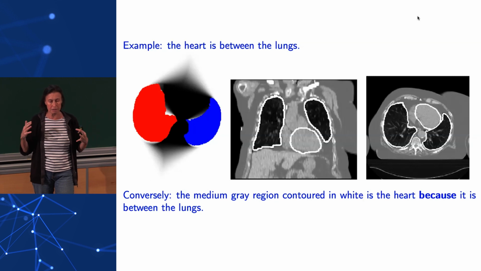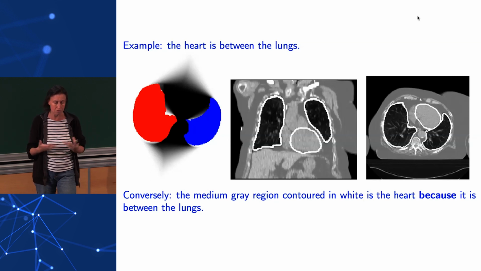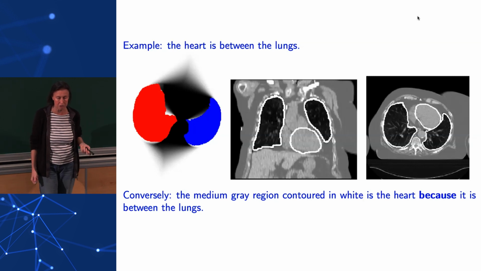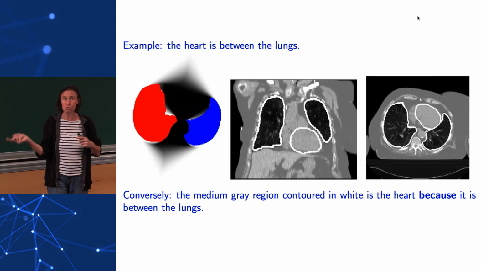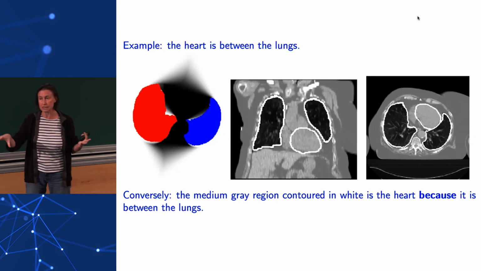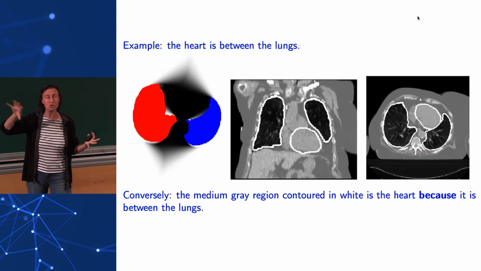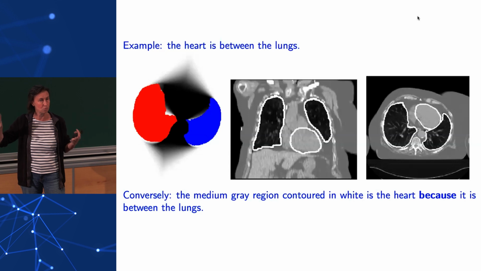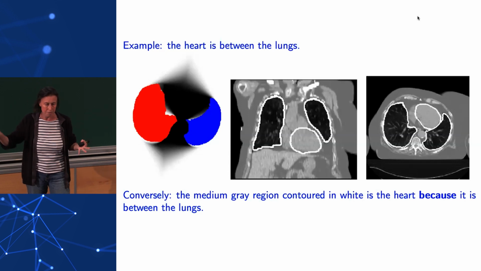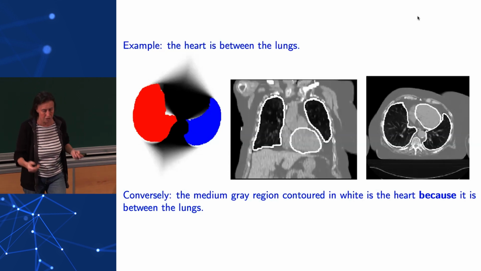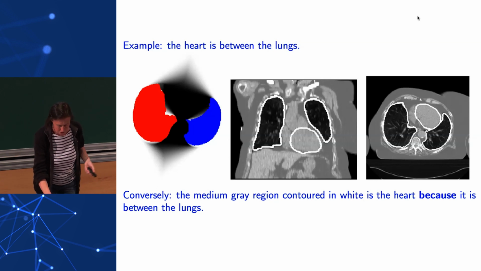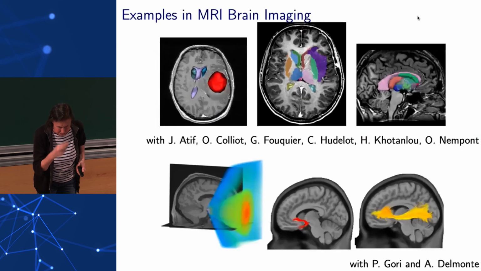And then we can say that this region is the heart because it is between the lungs, for instance, because this relation has been intensively involved in the recognition. So it goes two ways. So from the knowledge to the data, and conversely, looking at which knowledge was helpful to make the decision, go back to the interpretation and explainability of the reasoning that was done. So that's the second point.